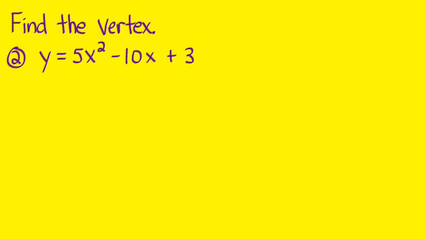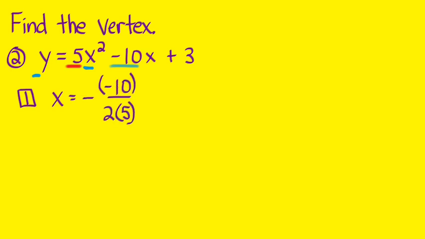As you can see, we're going to end up making a shortcut on here because often our vertexes have been at 0, 0, but now we'll have vertexes at different points when we go to graph, and this will be our shortcut to find the vertex first. So first, I'm going to do my negative b over 2 times a. So that's negative 10 all over 2 times 5.